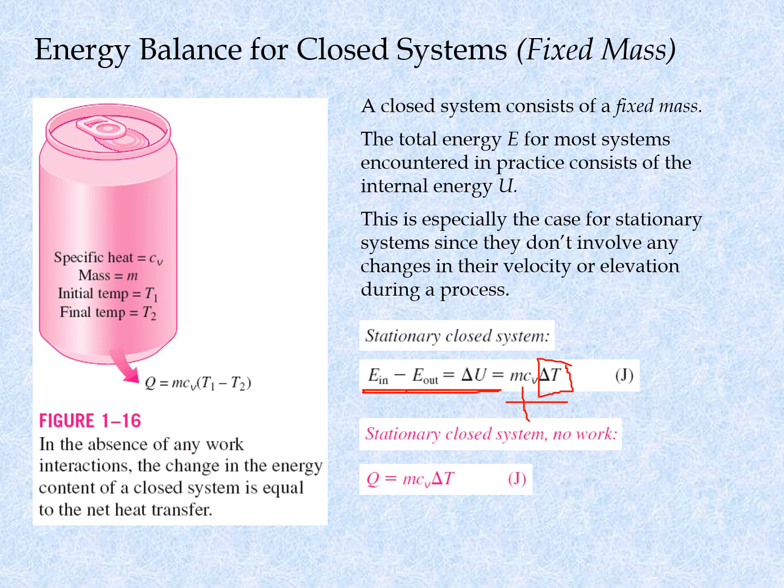So the energy can be written as this equation: Q, the heat, is equivalent to m, the mass, times Cv, the specific heat at constant volume, times delta T, the temperature difference between the initial and final states.